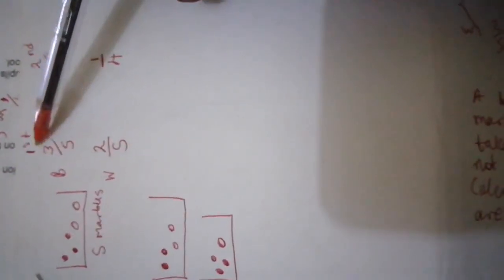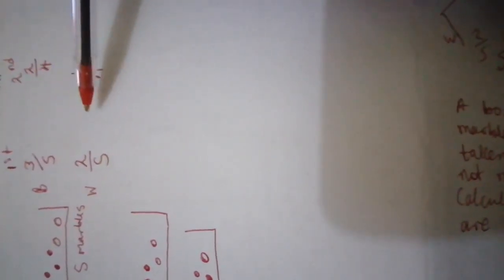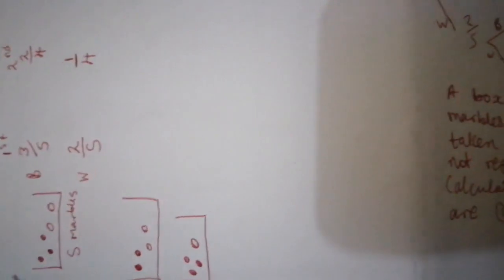Okay, now there are other situations where we pick a black marble in the first draw, and then in the second draw we pick a white one, or we start with the white one, then in the second draw we pick the black one. This can be demonstrated in a tree diagram.